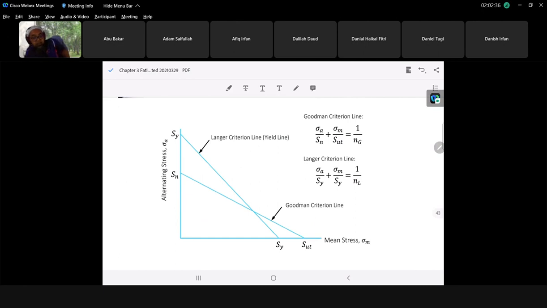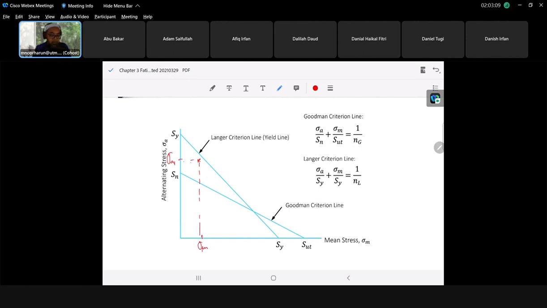Okay, as I explained, this is when the Langer and Goodman lines are plotted in one graph. You will see that here. For example, you find sigma m1 here and sigma a1 here.